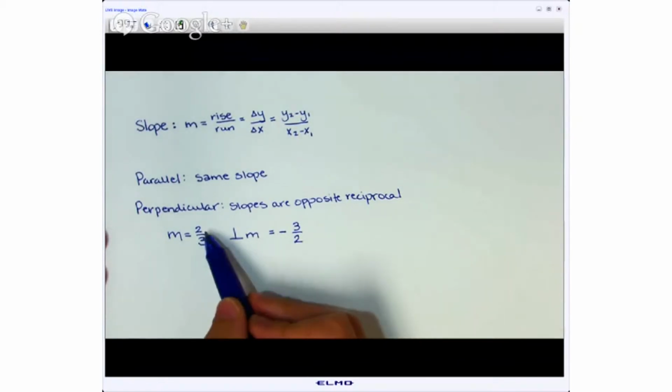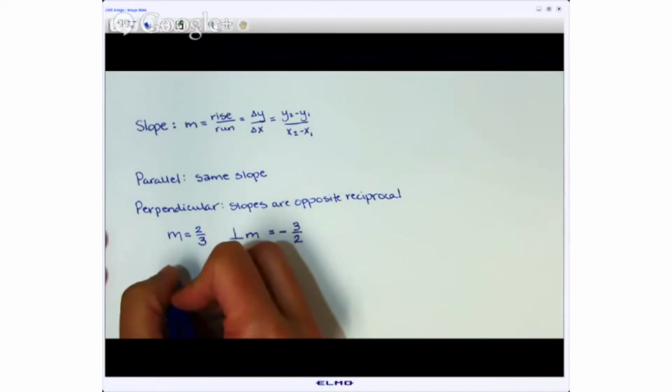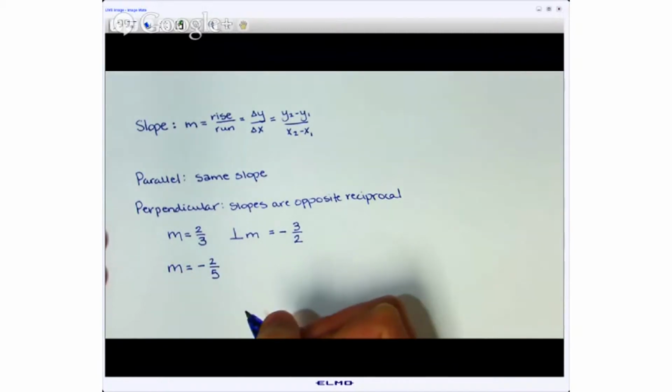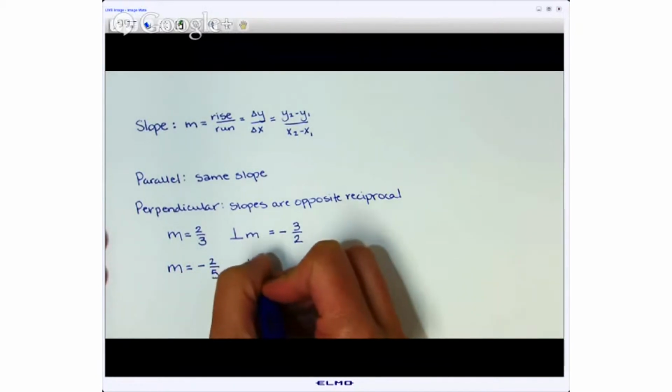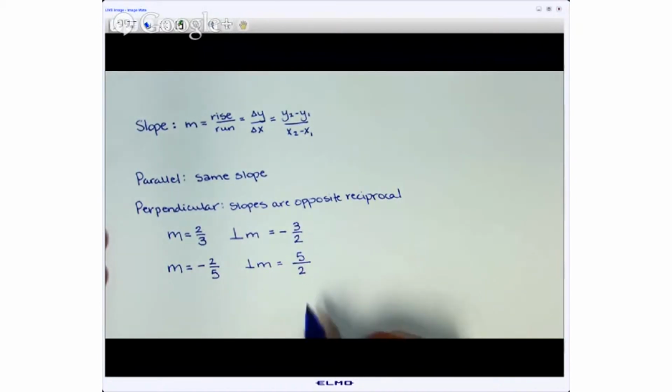So if you look here, we had 2/3, and our perpendicular slope becomes negative 3 over 2. Now be careful, because if you start with a slope that is negative, for example, negative 2 over 5, then your perpendicular slope, the opposite, will be positive, and the reciprocal says change the numerator and denominator. So the perpendicular slope is 5 over 2.